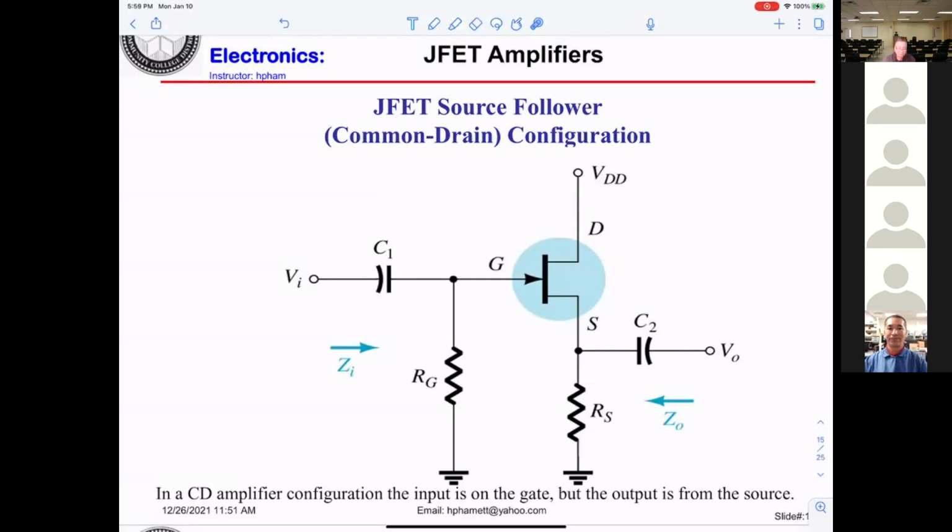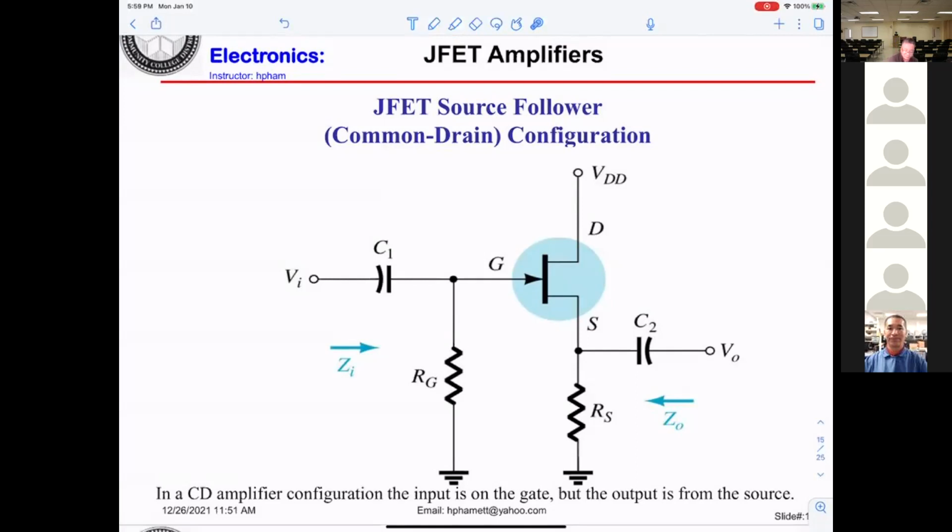Okay. Now, for the common drain, the output is taken from the source and the drain does not have a resistor. That is telling you to recognize this is a common drain. Right. However, what I'm asking you, how come they come up with the name source follower?